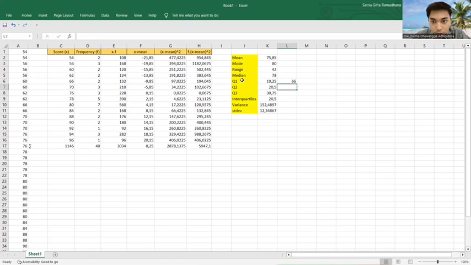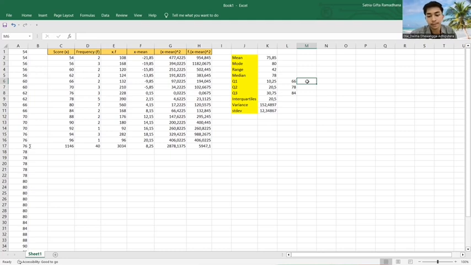And for quartile 2, we have to find the 21st because it is 20.5. The 21st is 78. And the third quartile, we have to look at the 31st data, 84.